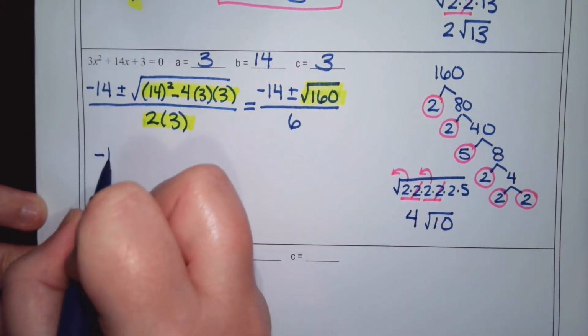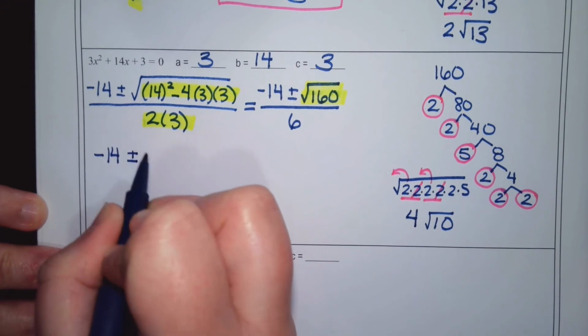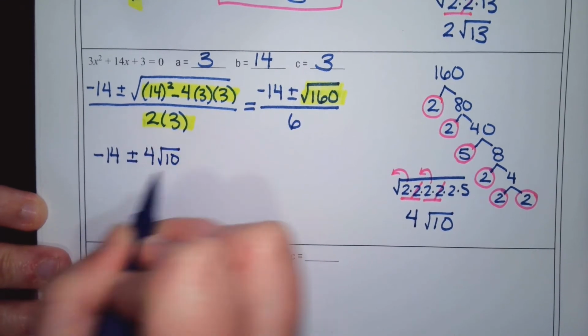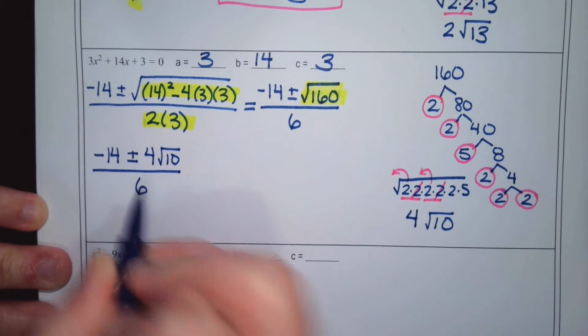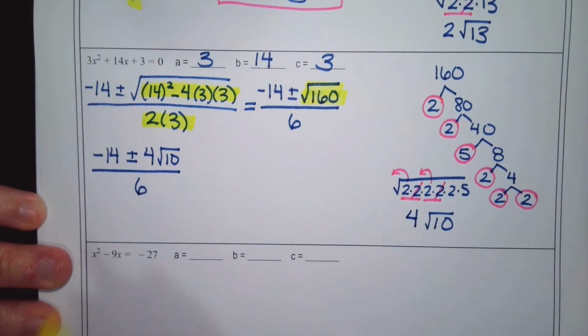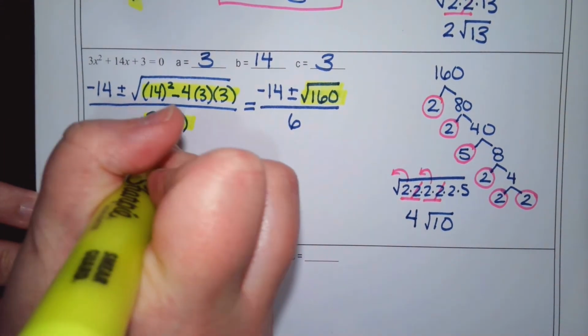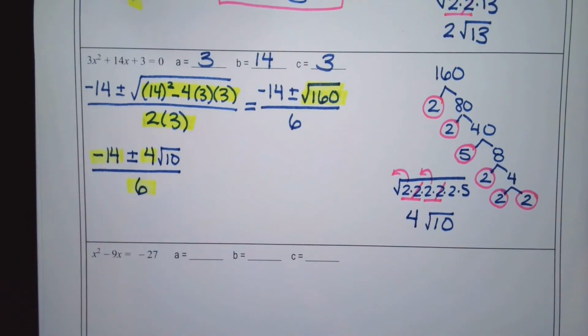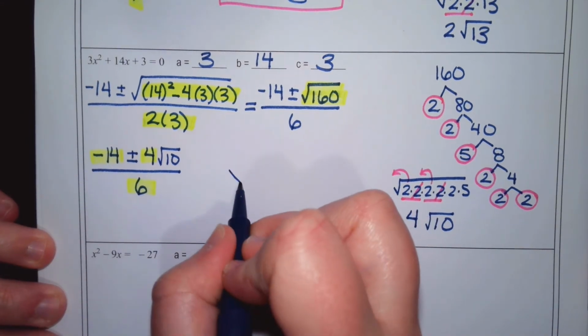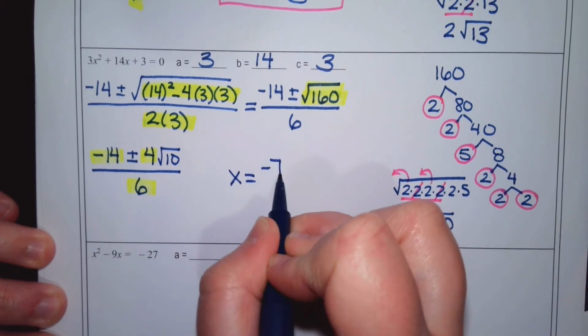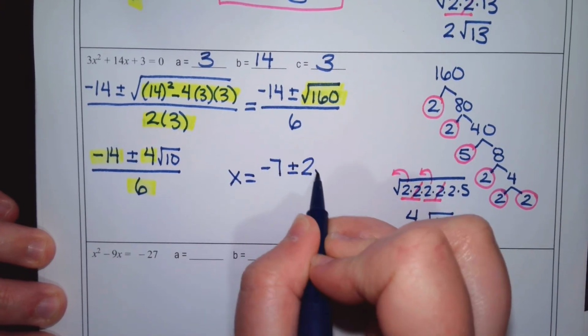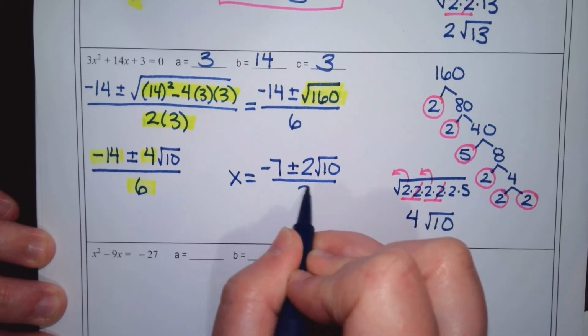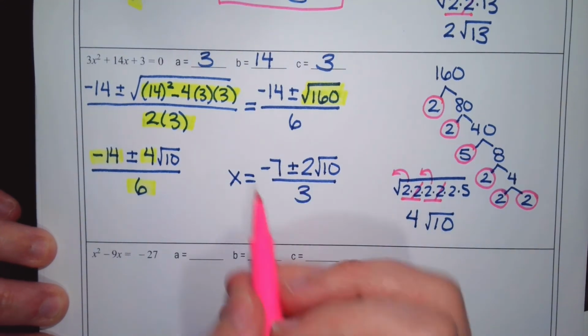So we have negative 14 plus or minus 4 root 10 all over 6. Once again, we need to check to see if the numbers on the outside can be simplified. Yes, they can. We can divide a 2 out of those numbers. So we get x is equal to negative 7 plus or minus 2 root 10 all over 3.